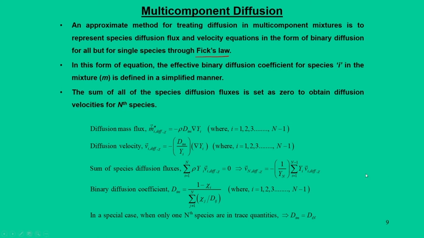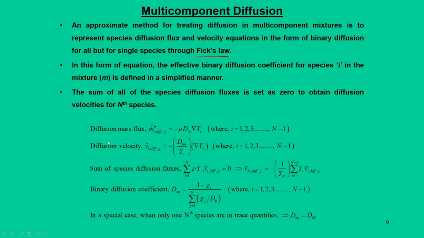So, basically what we are trying to find is the effective binary diffusion coefficient for species i in the mixture M in a simplified manner, and the sum of all the species diffusion fluxes is set to 0 to obtain the diffusion velocity of the n species. This is as per Fick's law.